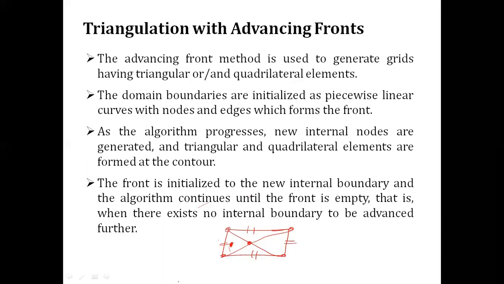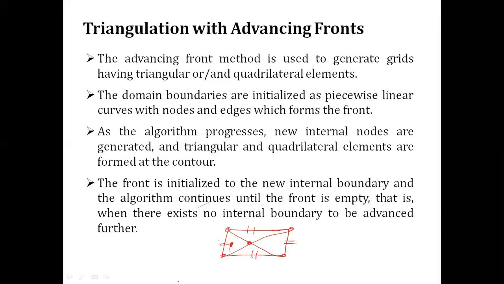So this algorithm that I'm talking about, which is triangulation with advancing front, basically works on the simple principle that you are going to create a grid which is going to have either a triangular element or a quadrilateral element. Basically we'll be having a triangular element. Then what it says is that domain boundaries are initialized with linear curves, having nodes and edges that will form the front.